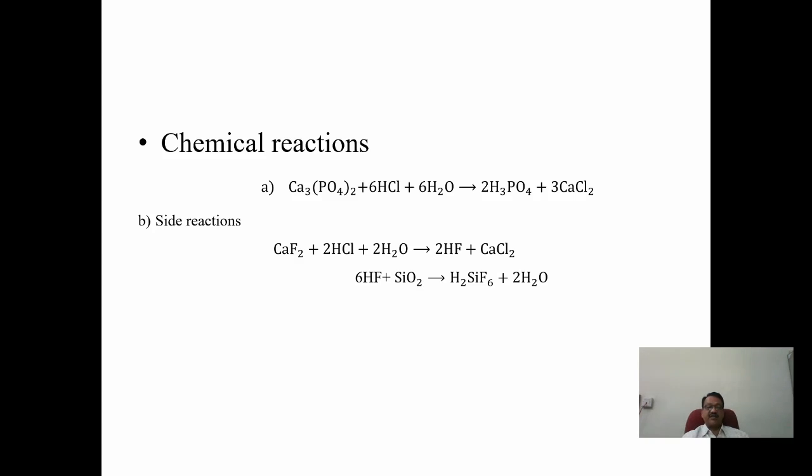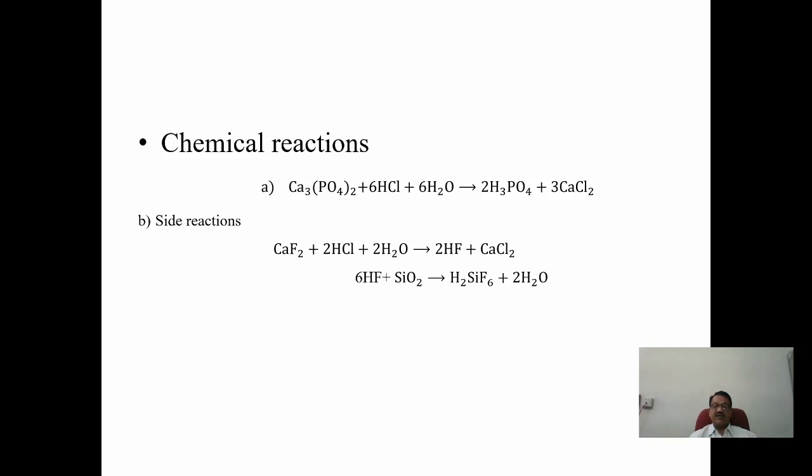Some side reactions also take place: the calcium fluoride present in the rock phosphate reacts with hydrochloric acid and water, which produces hydrogen fluoride and calcium chloride. This hydrogen fluoride further reacts with powdered silica to convert it into hydrogen silicon fluoride and water. Thus, this hydrogen silicon fluoride gets precipitated and removed by filtration from the water, and it can be discarded.